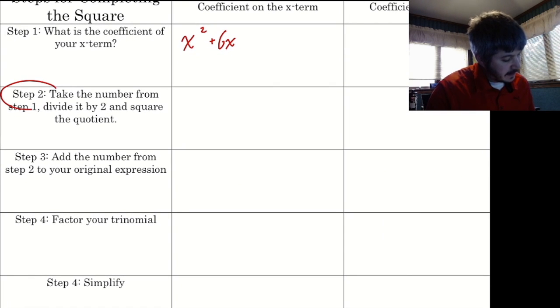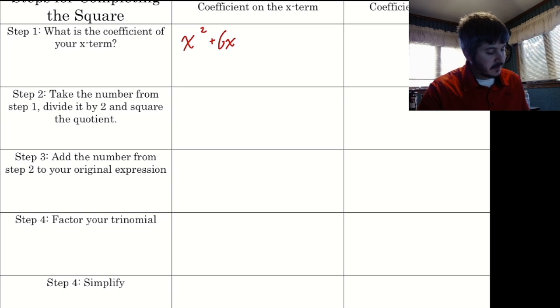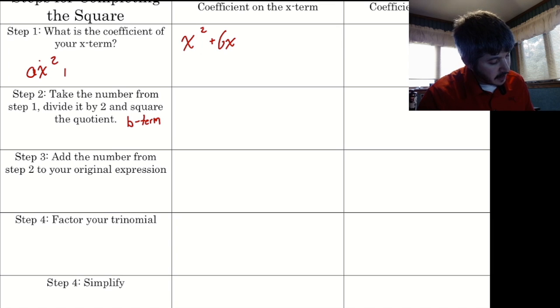So it says in step 2, we're going to take the number from step 1 and divide it by 2. We're going to take the b term. The b term follows your regular quadratic, ax squared plus bx plus c.